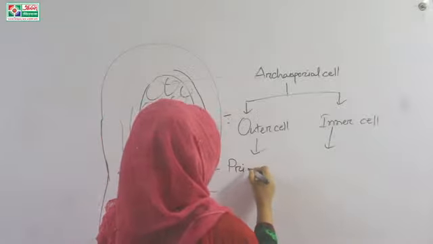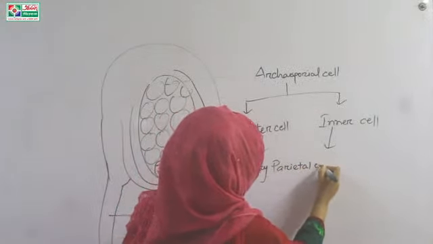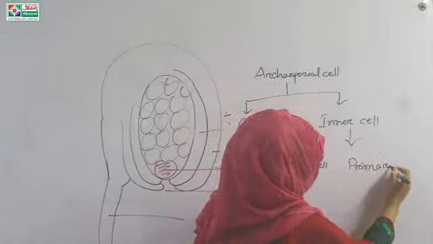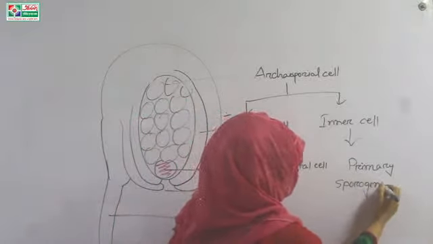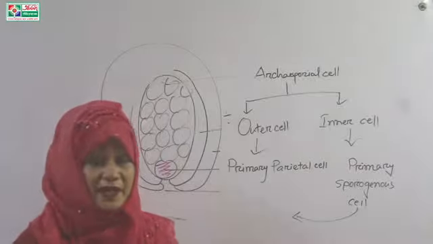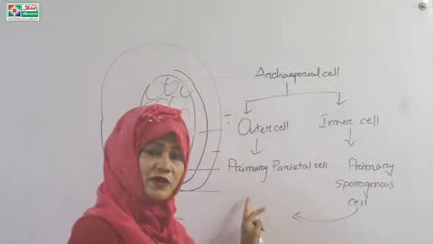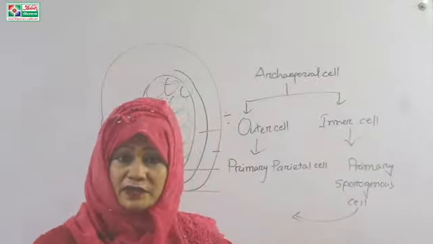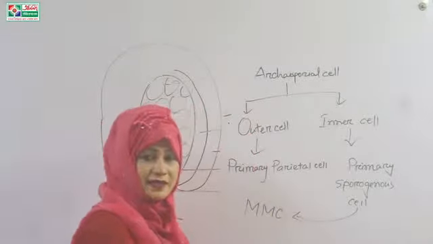And these two types of cells then undergo another type of division, and after that division we get the primary parietal cell and the primary sporogenous cell. The primary parietal cell may divide or may not divide, depending on the nature of the cells, but the primary sporogenous cell will not divide further, and will give rise to the megaspore mother cell.